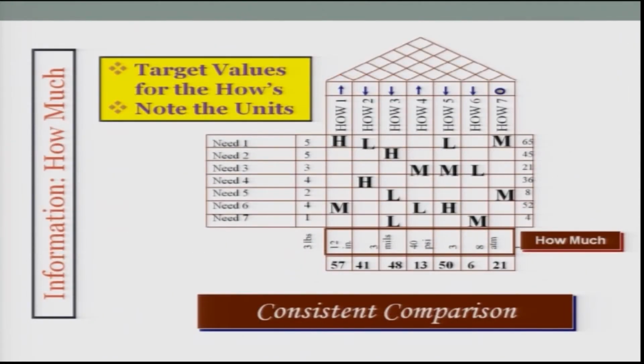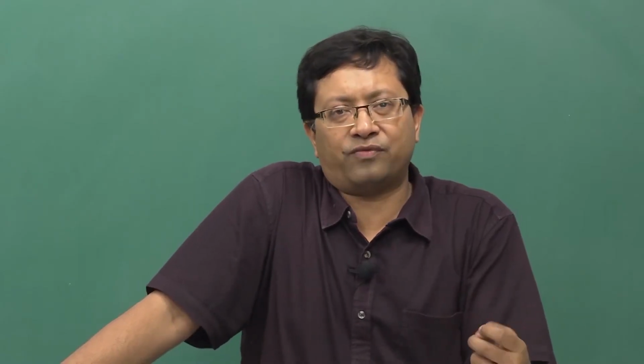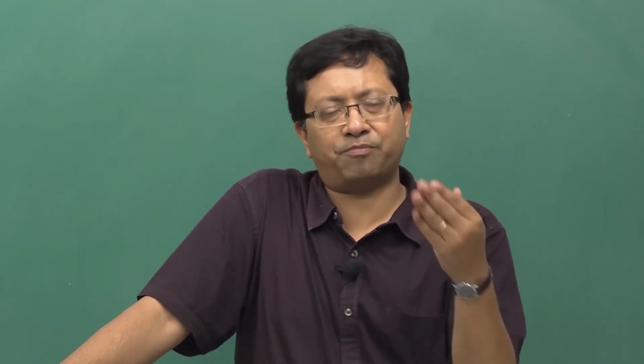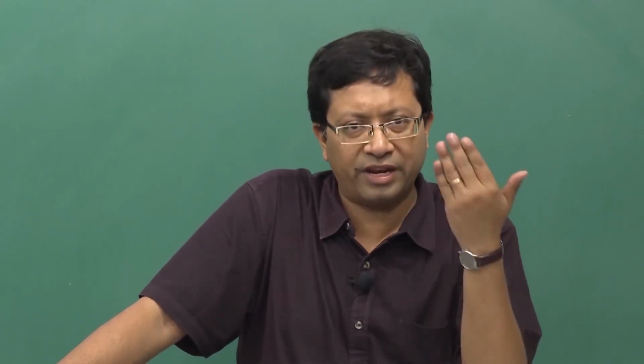Once it is done, we need to have a consistent comparison. This information is again done with respect to the needs and the house. So, you target the values of the house and note the number of units. If the relationship is very strong, obviously the points given would be very high.